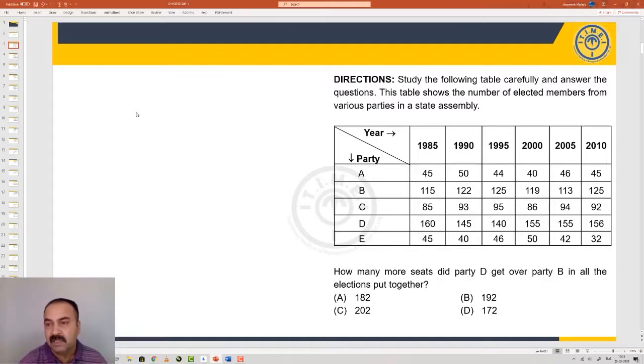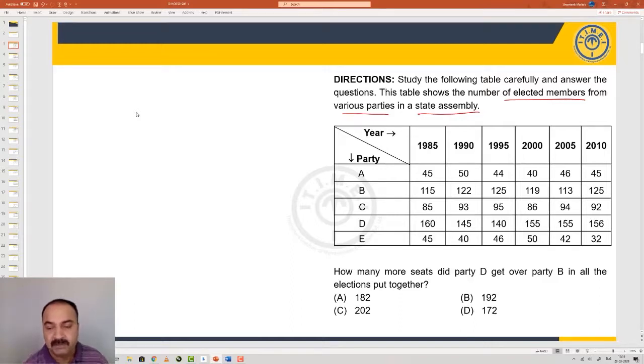So this table shows the number of elected members in the various parties to a state assembly. So every 5 years elections happen and this data is given. How many people from that particular party won the election in that year? The data is straightforward. We do not have any missing element. We do not have any percentage calculation per se. All the numbers are positive integer values.